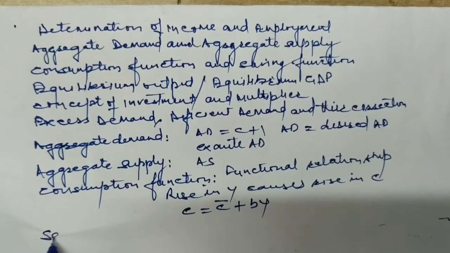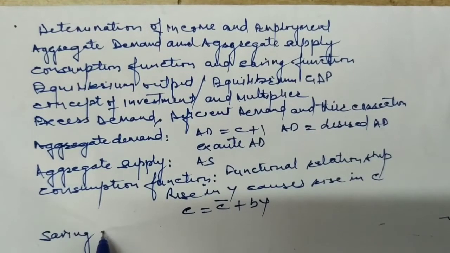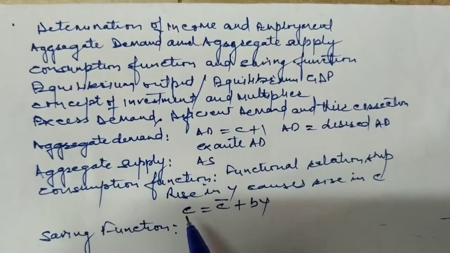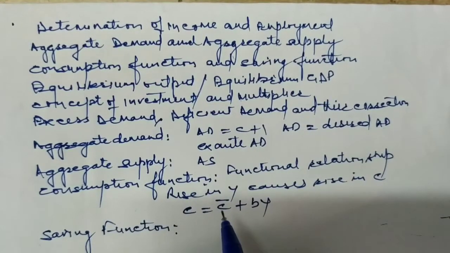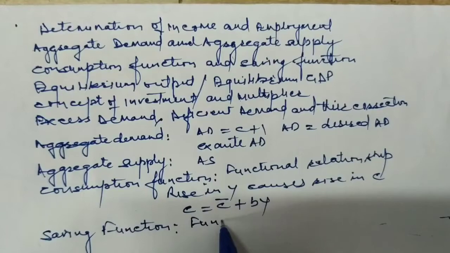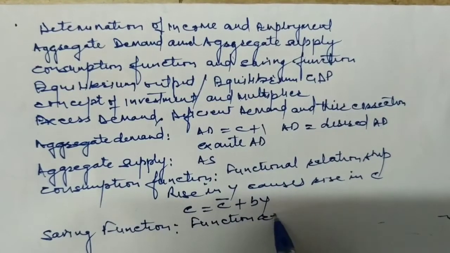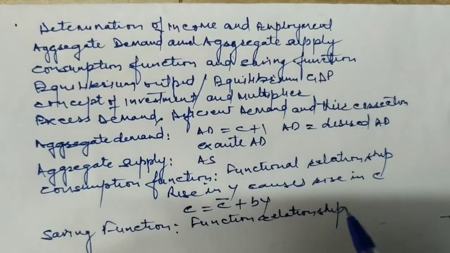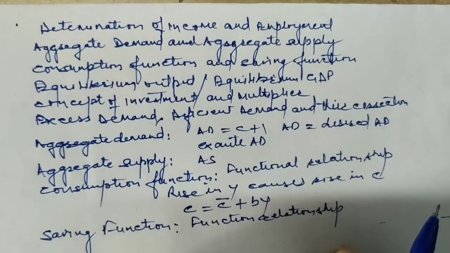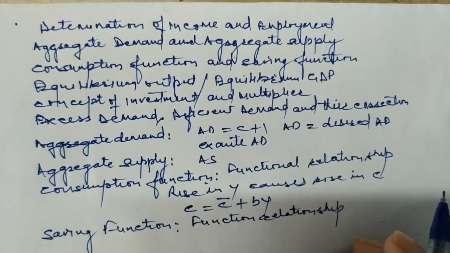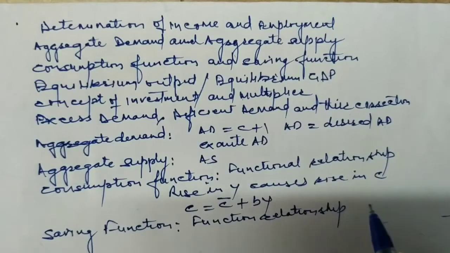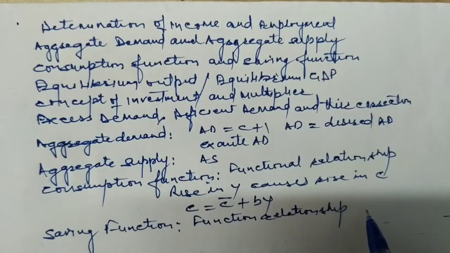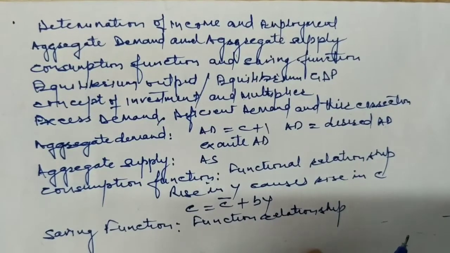Saving function. It is the functional relationship between saving and income. Saving increases as income increases, which implies that saving is positively related to income.